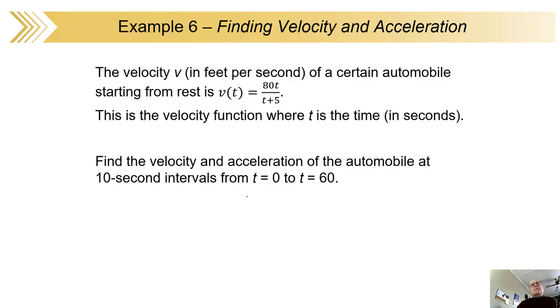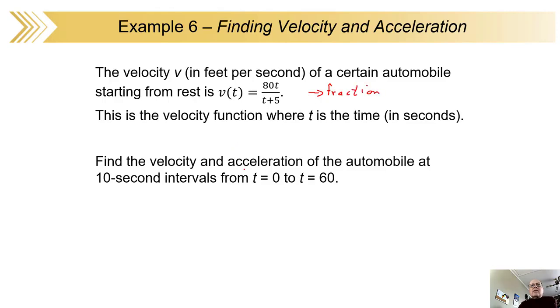Here's another one. It's a little bit different. The velocity for a certain automobile starting from rest. A little bit more challenging in this case, because this one has a fraction.